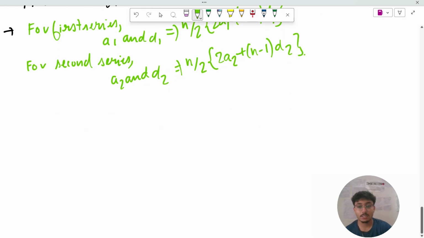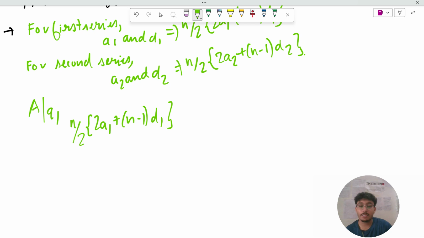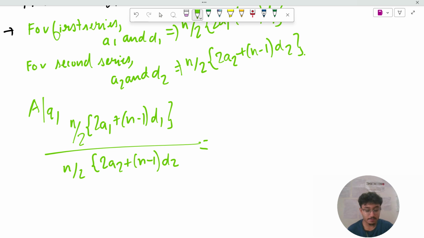So according to the question, n by 2 into (2a1 plus (n minus 1) d1) by n by 2 into (2a2 plus (n minus 1) d2) would be 7n plus 1 by 4n plus 27. So I can very easily cancel the n by 2.